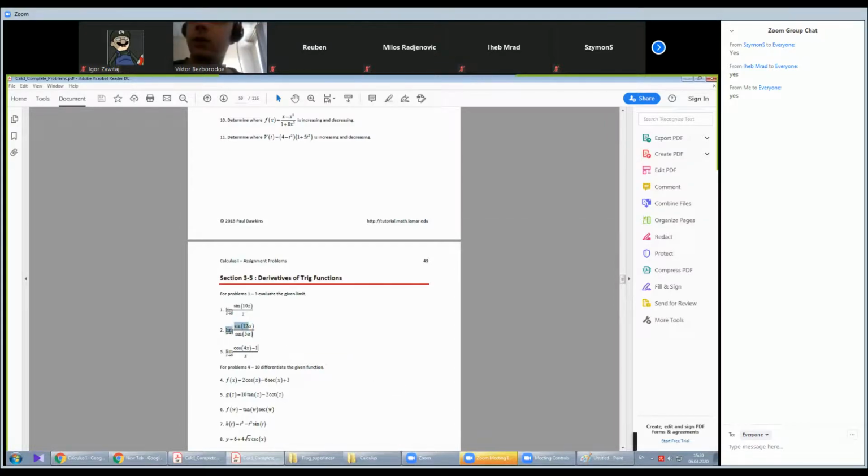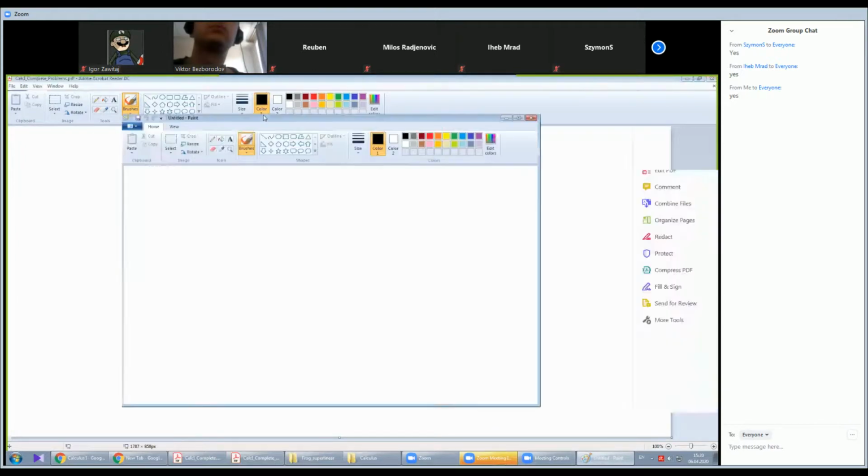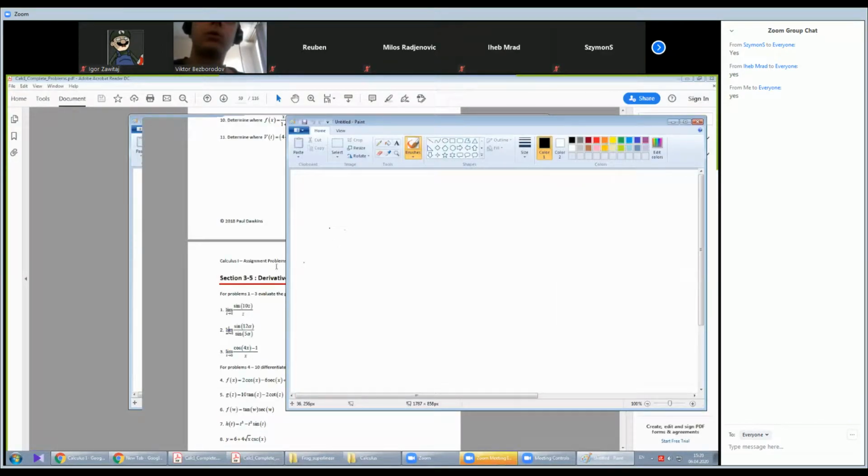You have this limit, which I'm not going to rewrite. So we have sine. So this limit, how to compute it?